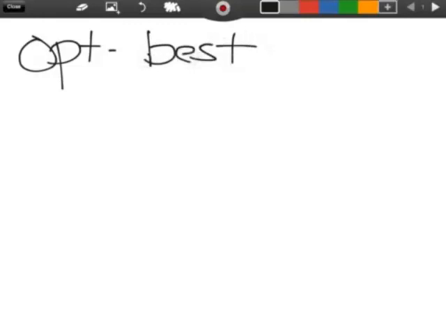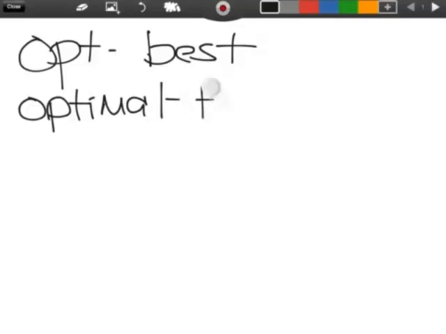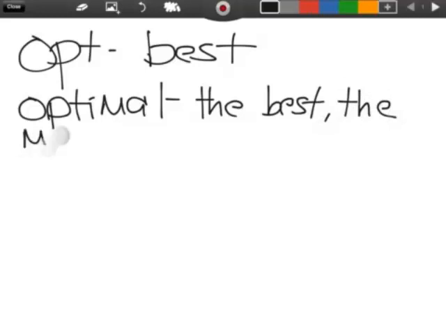Our first root is opt, meaning best. I'm going to give you an example word. One of them is optimal, the best, the most desirable.